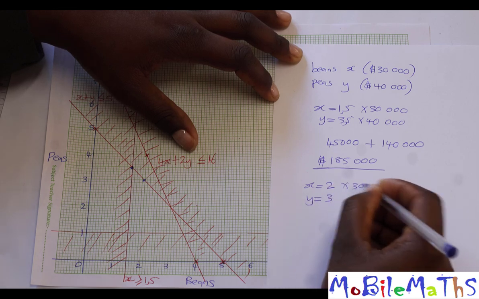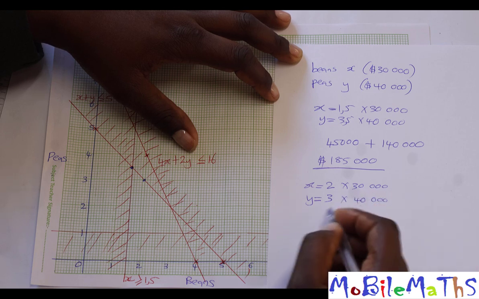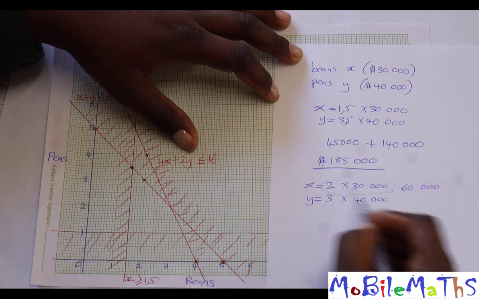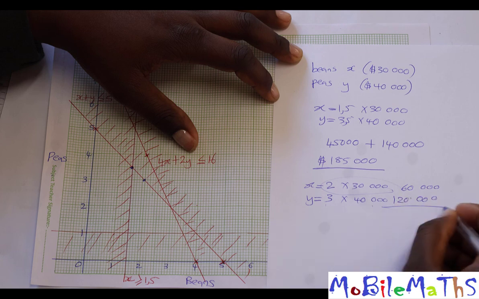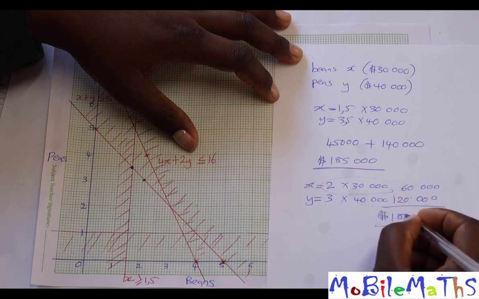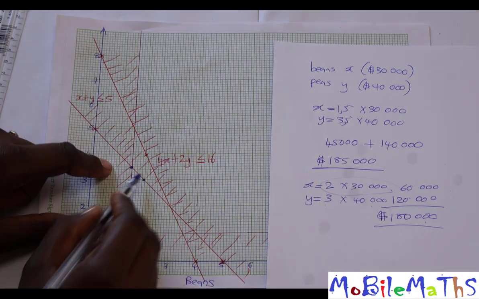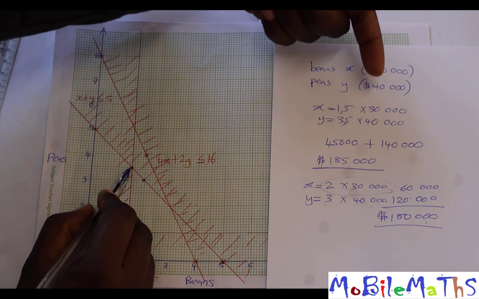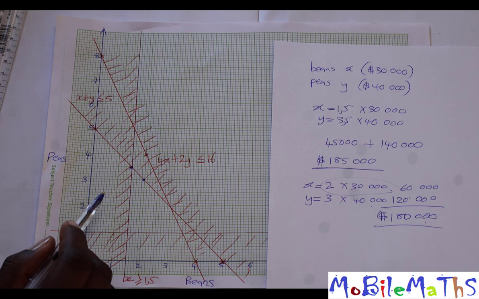Multiplying by 30,000 here and by 40,000 here, I get 60,000 plus 120,000. Total becomes 180,000. So it's now less than this. That's why I'm saying the maximum we can get is when y is made greater. So that becomes our final solution there, guys.